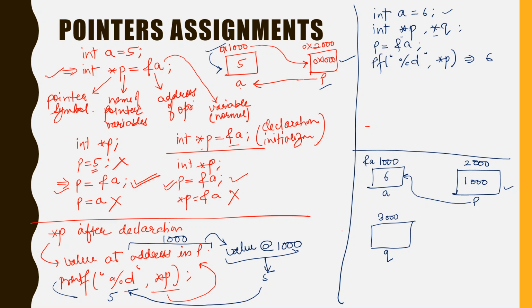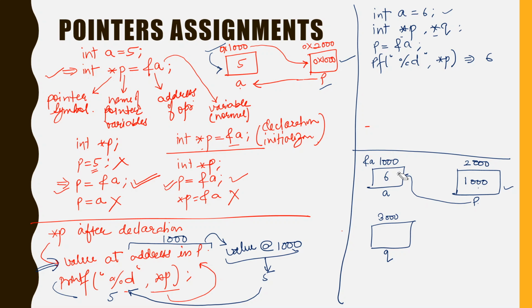Because *p means value at the address in p. The address in p is 1000, and at 1000 the value is 6. So it would print 6 as the output.